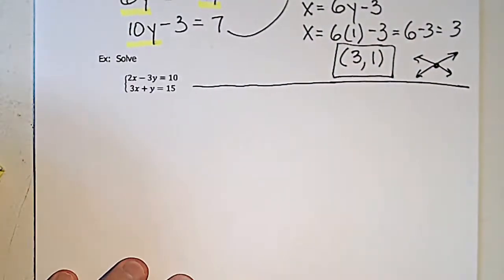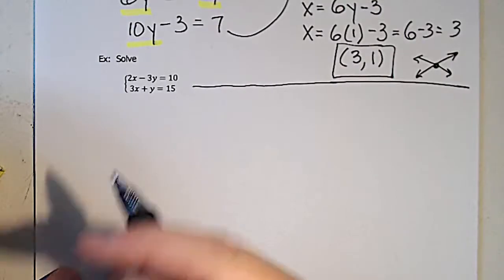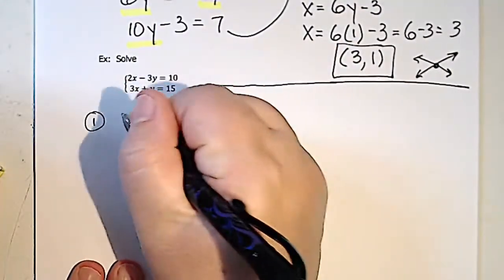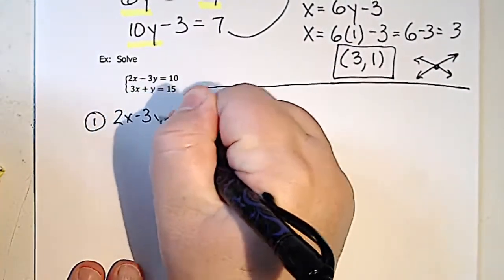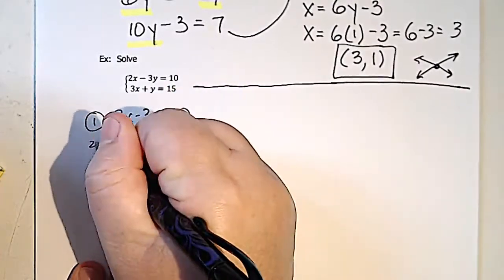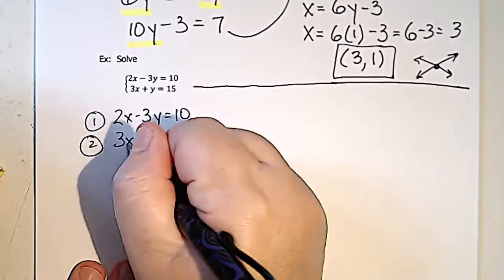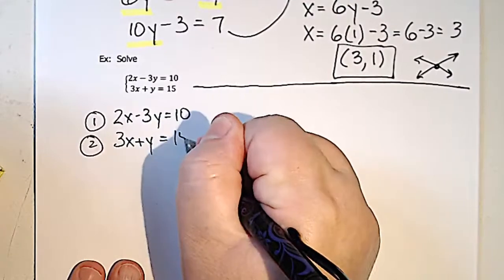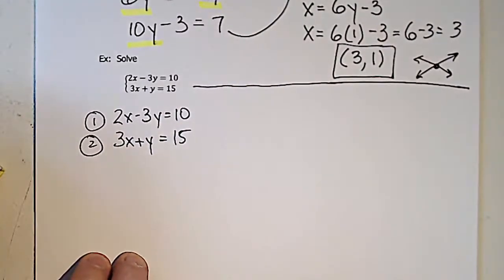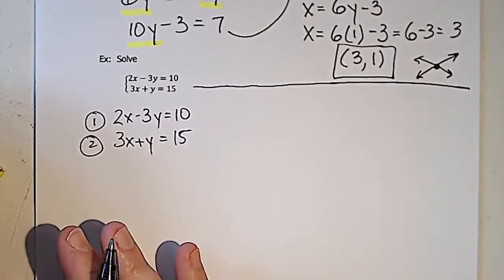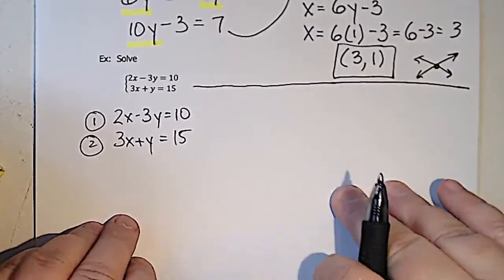Okay, now this problem is a little bit different. My first equation looks like 2x minus 3y equals 10. And my second equation is 3x plus y equals 15. In order to use substitution, let's look back at what we had in the first problem.